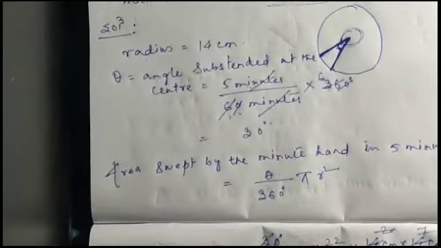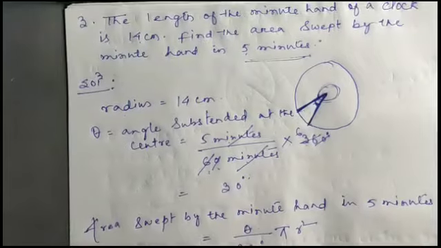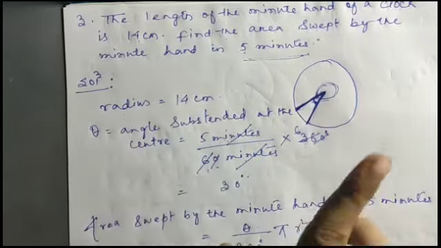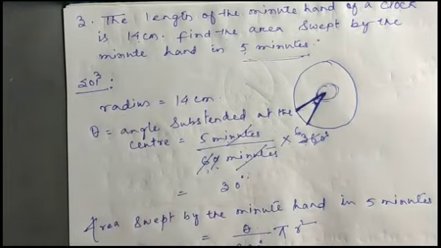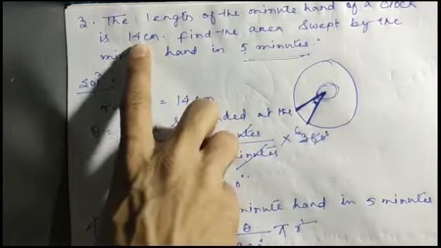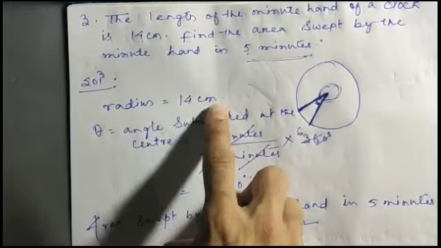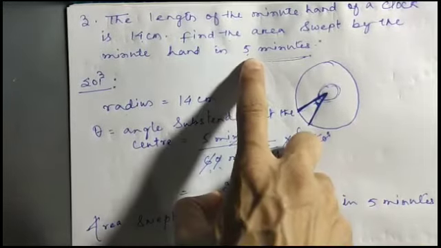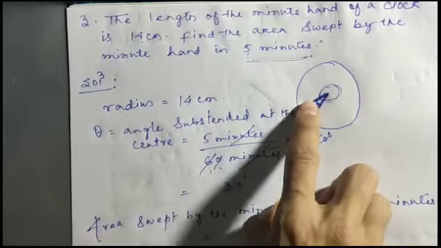And in the third question they gave the example of a clock, which is also in the shape of a circle, and the clock radius is the length of the minute hand. That minute hand length is given as 14 centimeters. So in this way we got the radius. The angle they have not given, but they asked us to find the area swept in 5 minutes.